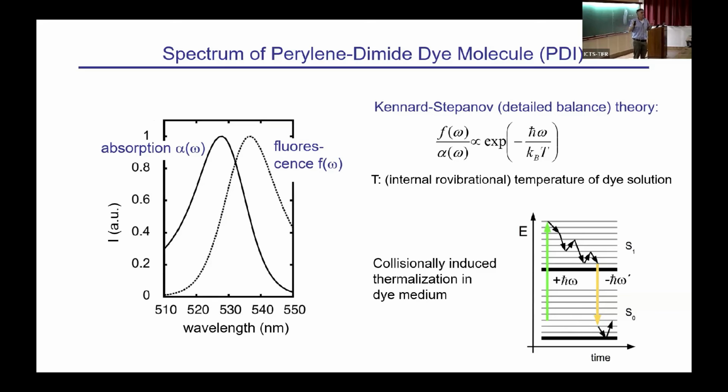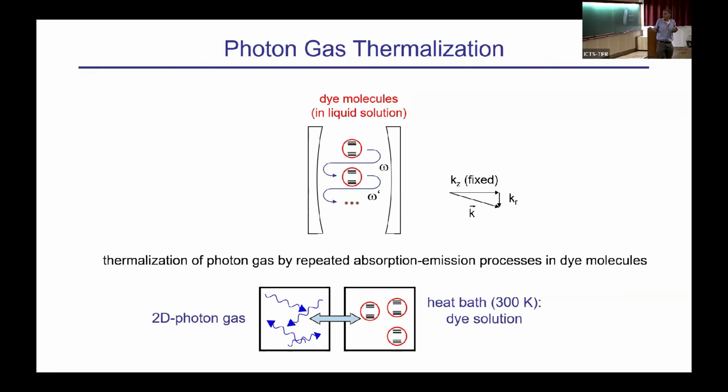So in free space, after a few cycles, you run out of resonance and the thermalization stops. But in the microcavity, we have a low frequency cutoff, and we get a thermalized state on top of the low frequency cutoff. So that's in more detail how the photon thermalization in the microcavity works.